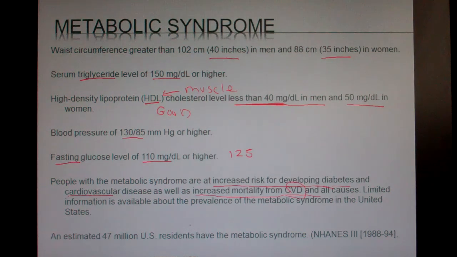And the reason there's limited information about the prevalence of the metabolic syndrome is because I think it's kind of iffy. You don't see a whole lot of doctors necessarily diagnosing somebody with metabolic syndrome. They'll diagnose somebody with high blood pressure or fasting glucose, or diabetes or something like that. Apparently, though, they have a lot. Okay, somebody's keeping track of that somewhere.